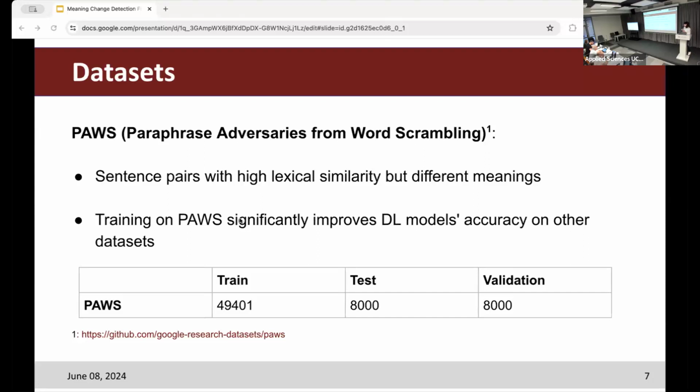The first one is PAWS. PAWS is special in the sense that it was formed from sentence pairs that consist of quite a similar set of words but have different meanings. And one more important point about the PAWS dataset is that the authors state that if some model is trained on PAWS, then it performs very well on other datasets.